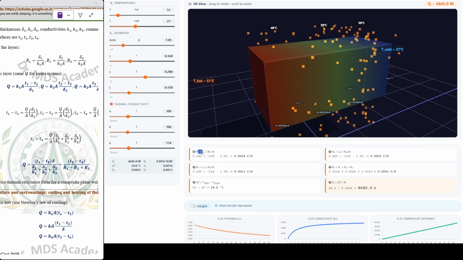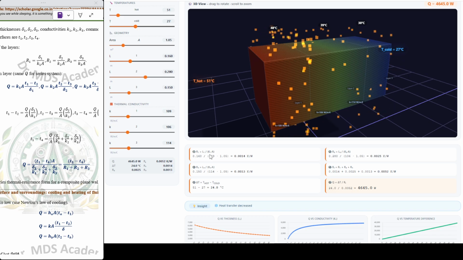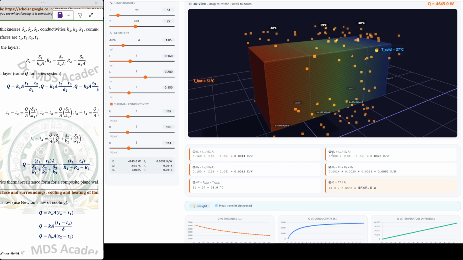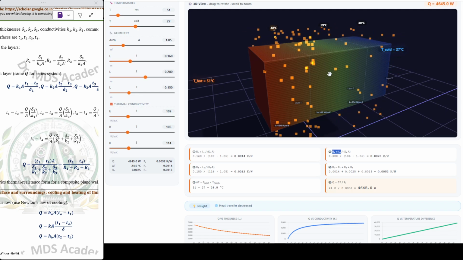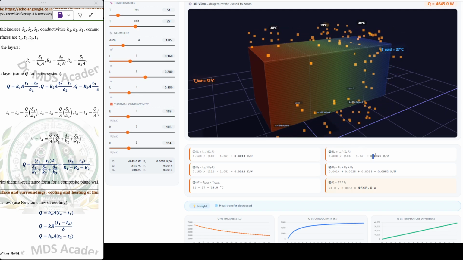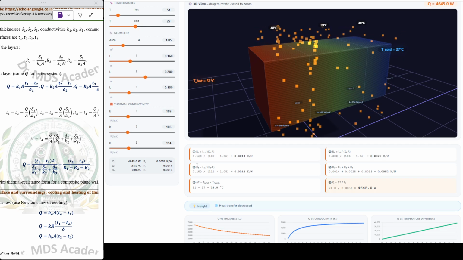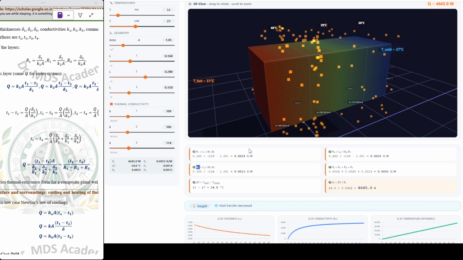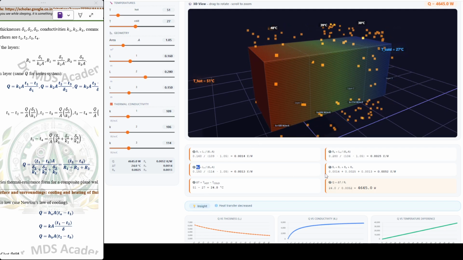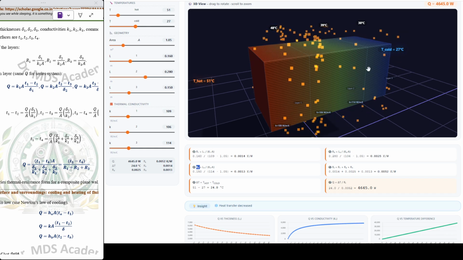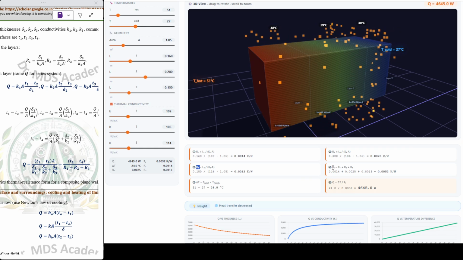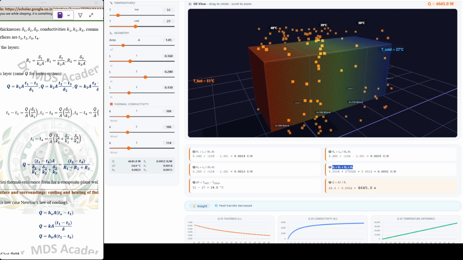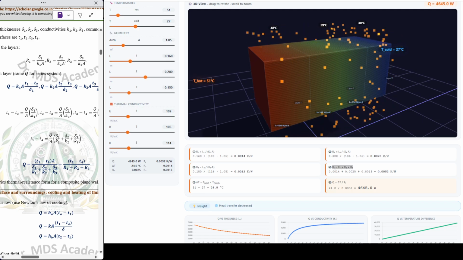The top one, R1, is L1 upon K1 upon A. Here is another, R2, and for this resistance this is the value, and R3 is the resistance del upon K into A. Since all three walls are in series, you can use the formula R1 plus R2 plus R3.